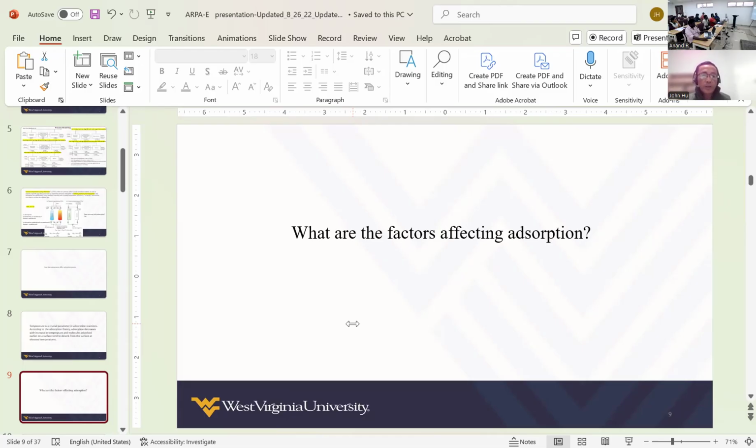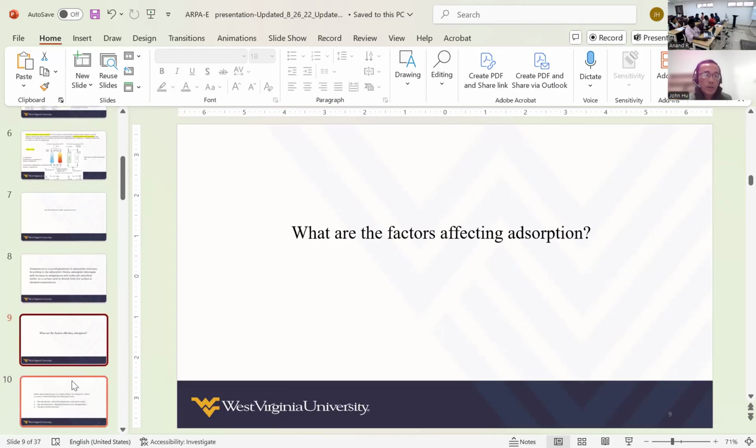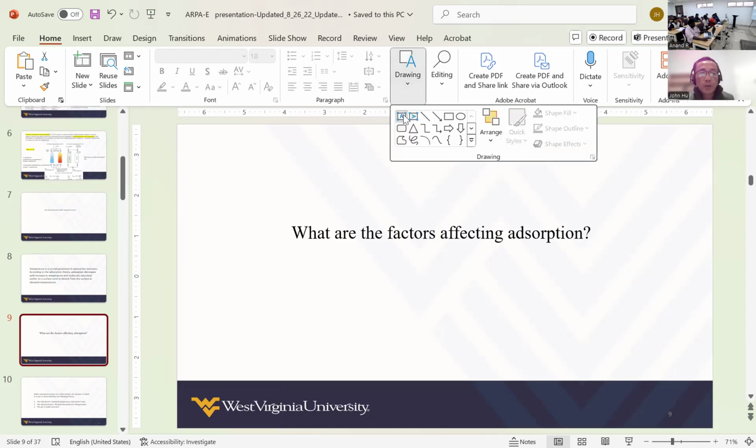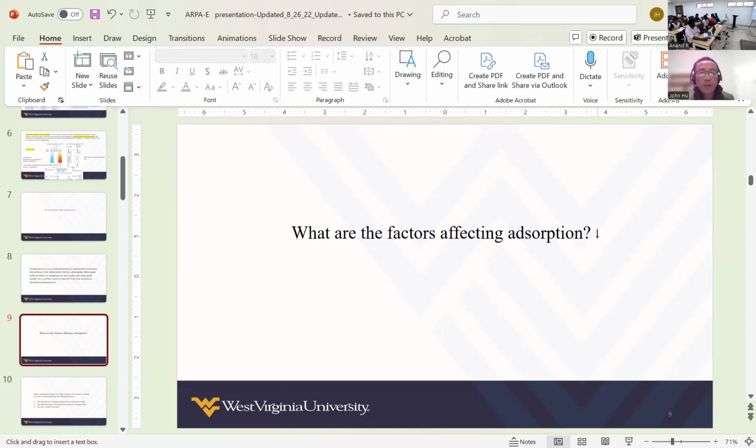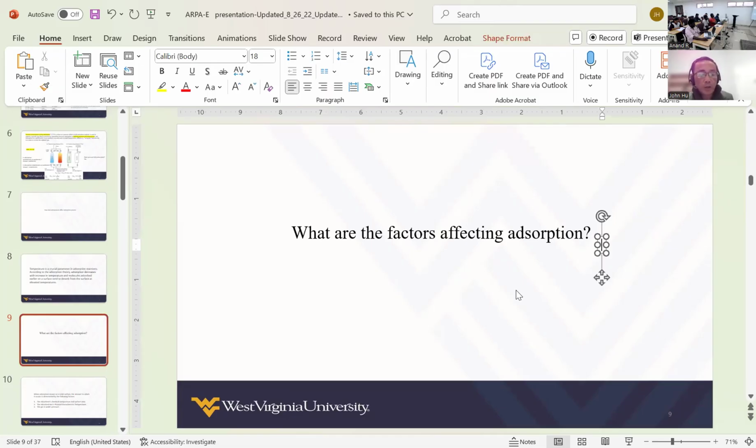Before I show you the answer, let's brainstorm. What are the factors affecting adsorption? It doesn't have to be ammonia. It can be carbon dioxide, any gases. I'm talking about adsorption, not desorption.